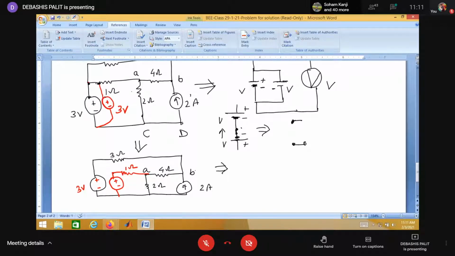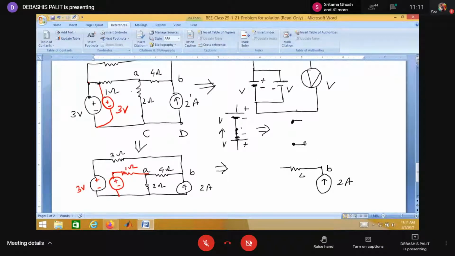Now you can easily convert the circuit: a voltage source with series resistance into a current source with parallel resistance. Actually, this is the B point, 2 ampere current.